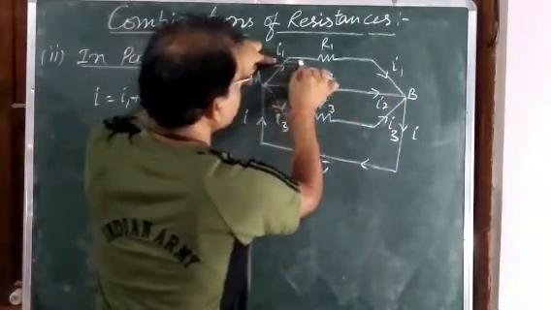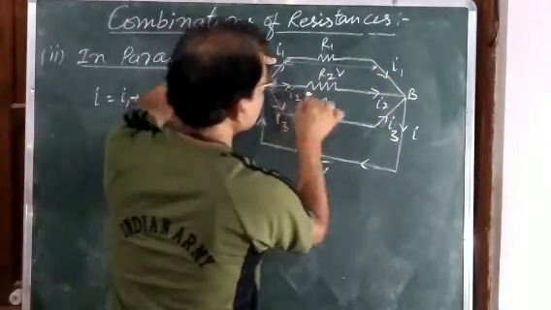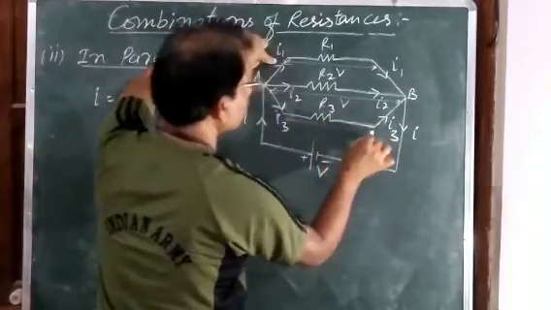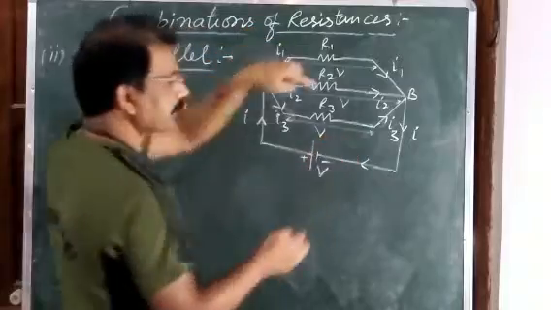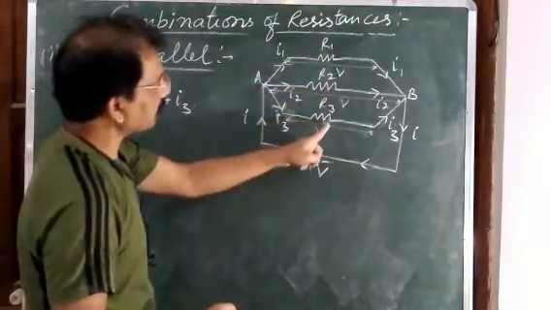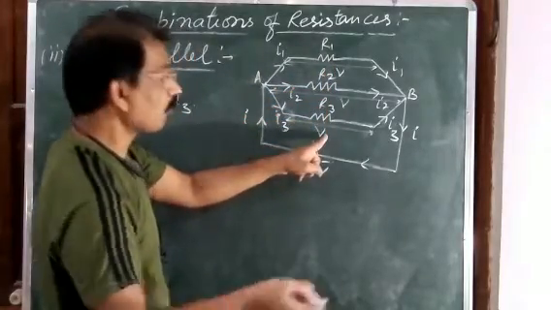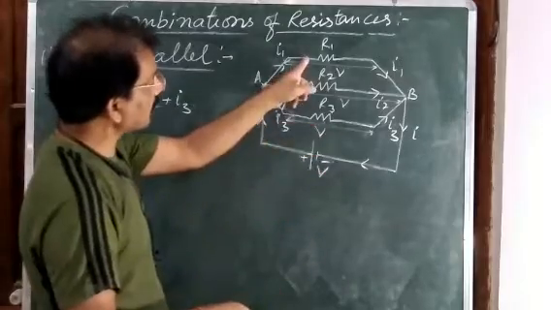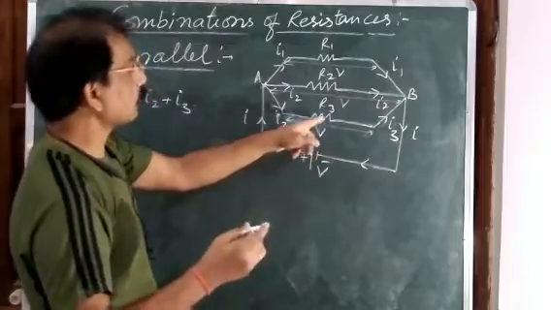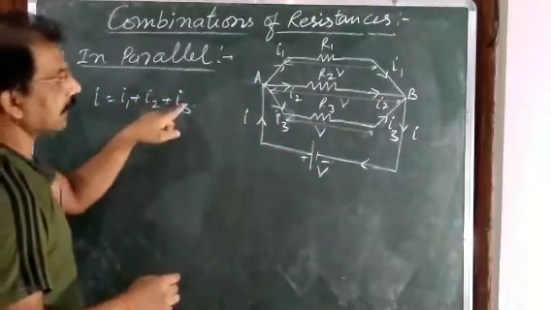Suppose the potential difference across this one is V, then the potential difference across this one will also be V. Potential difference across this one is also V. It means in parallel combination, current in each resistor will be different, but the potential remains the same. While in series combination, current in each resistor is the same, while the potential is different. So both are reverse. So in this case, I is equal to I1 plus I2 plus I3.